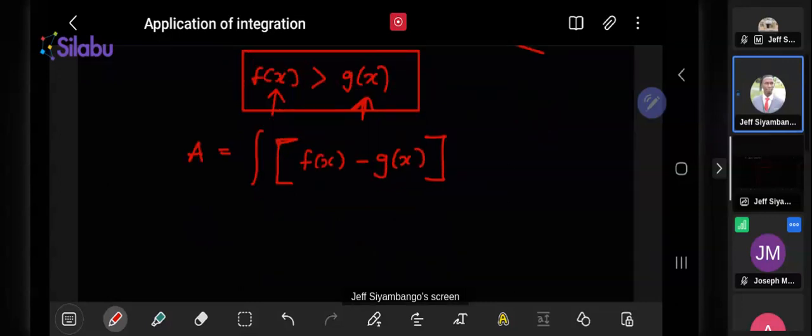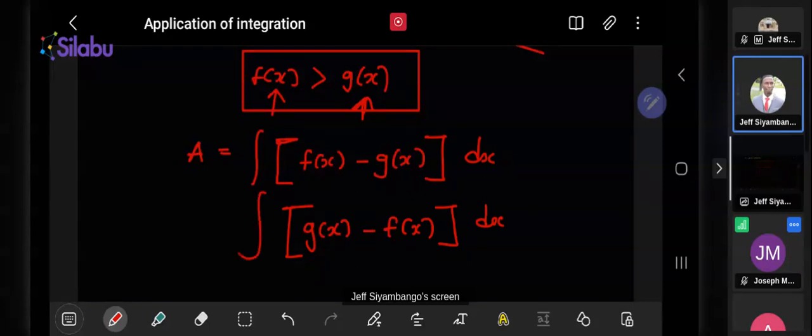So let me write g of x minus f of x. What do you expect to be between the solutions? Let's say if this is x, between the two solutions, can you guess what the difference will be?